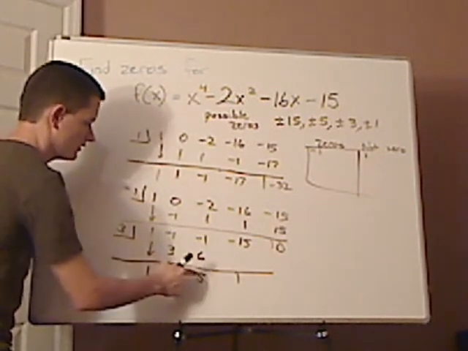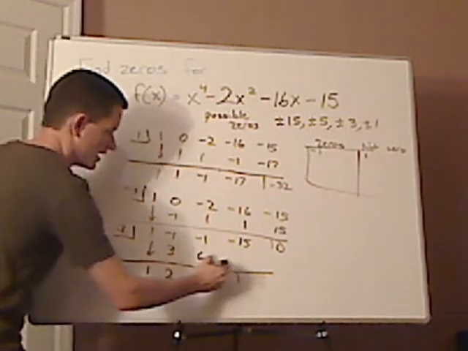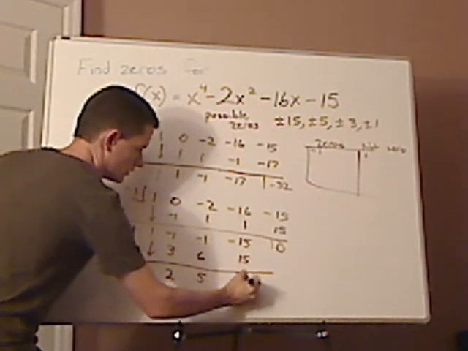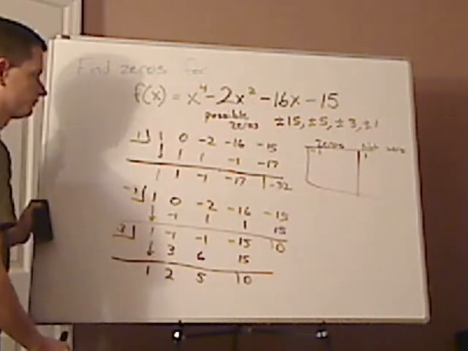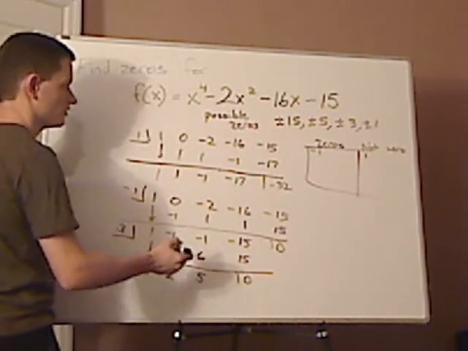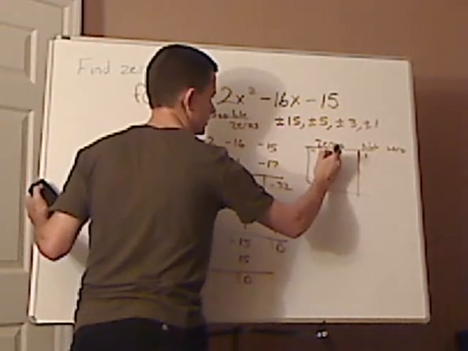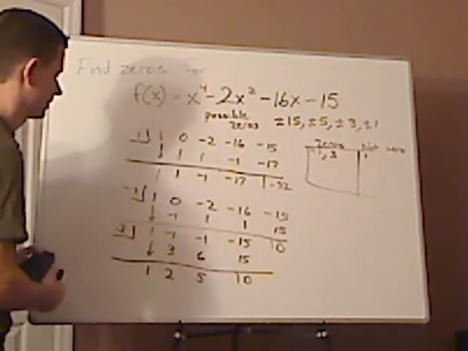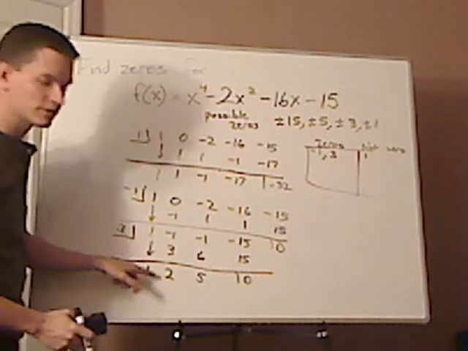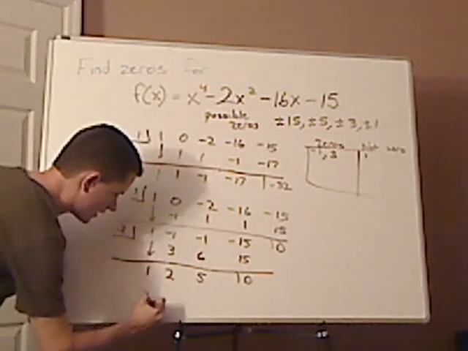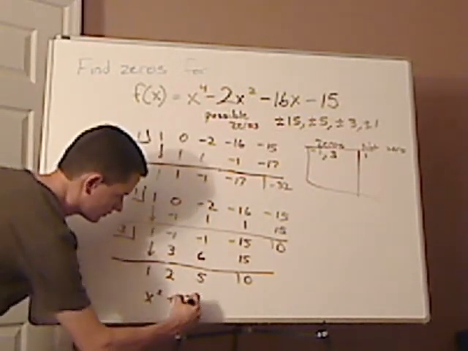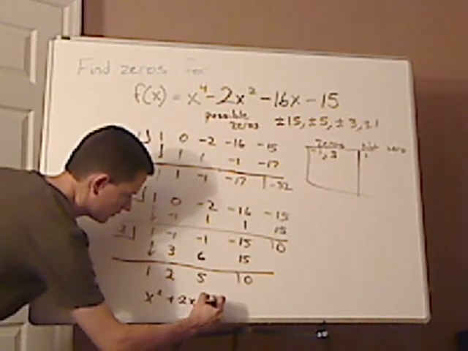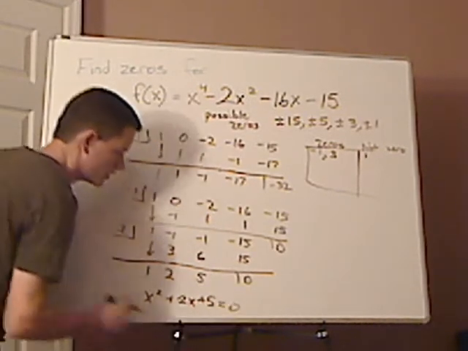And then 3 times 5 is 15. That'll be 0. So another 0 is positive 3. Right, so I have this, which is x squared plus 2x plus 5 equals 0.